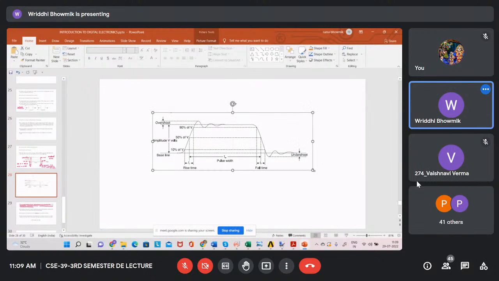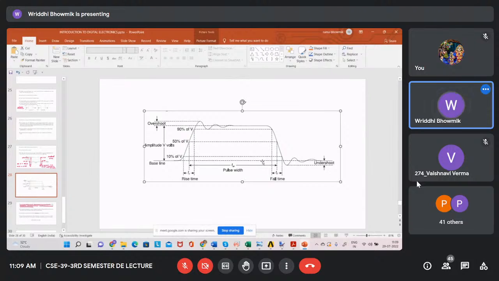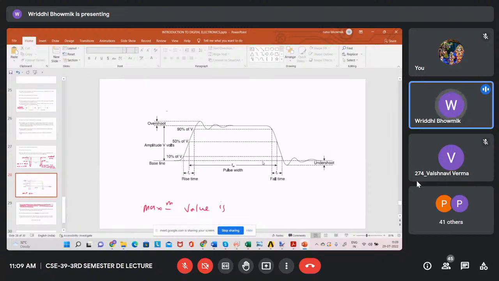You see, the maximum value is V volt. 50% of V is 0.5 V. And if you see, this point is 50% of V. This point is also 50% of V. Now you have to check the time instants where the 50% of the amplitude appears.